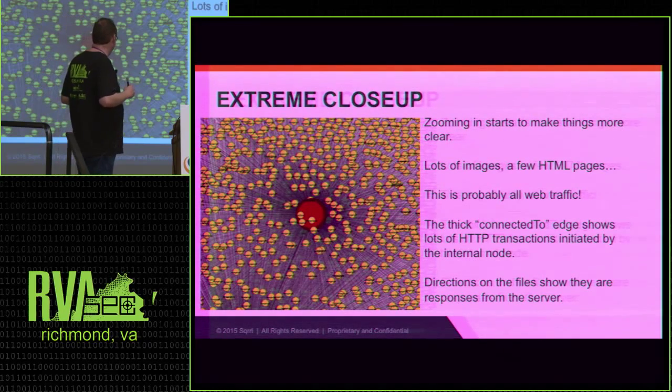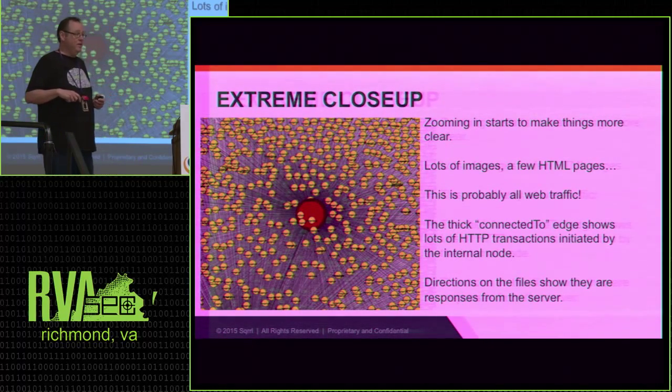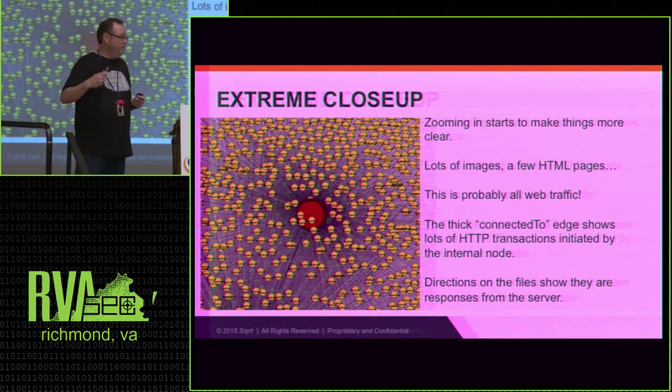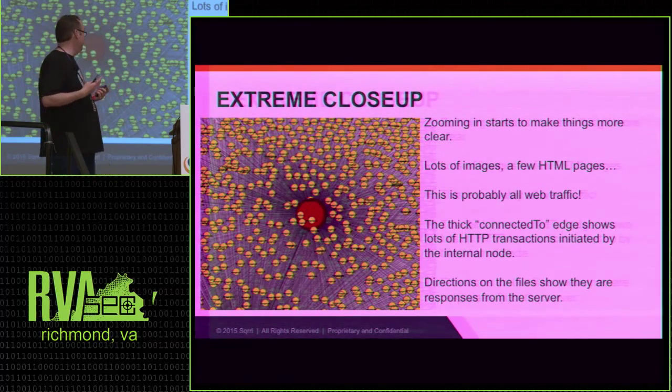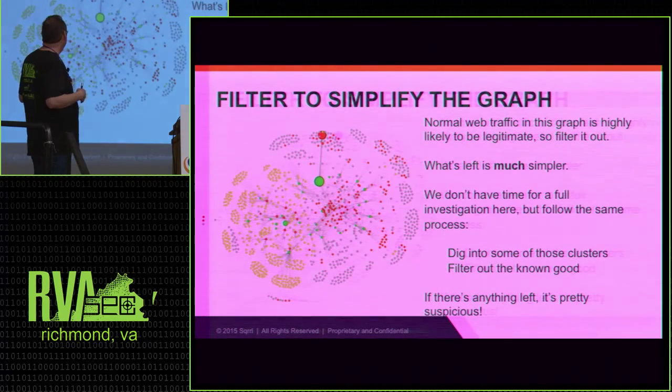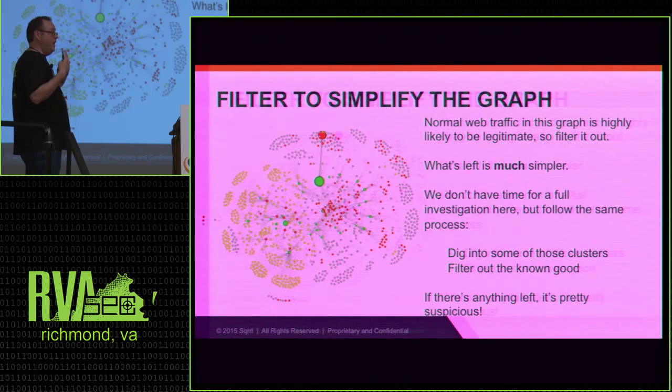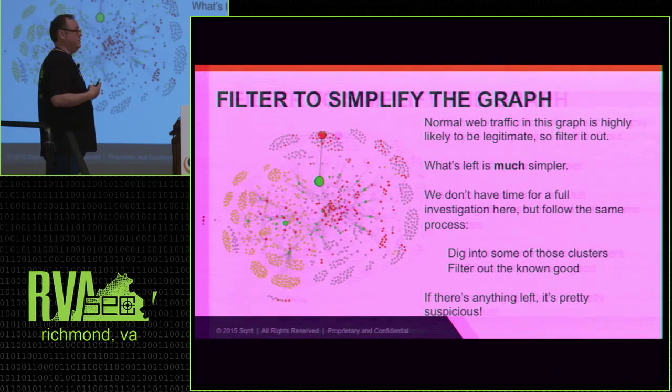So that was actually some Canon device that was calling home. So no problem. All those are HTTP things that we kind of expect. So let's see what happens when we take those things out. They're just junking up my graph, making it really complicated. So let's filter out all of the HTTP and image files.